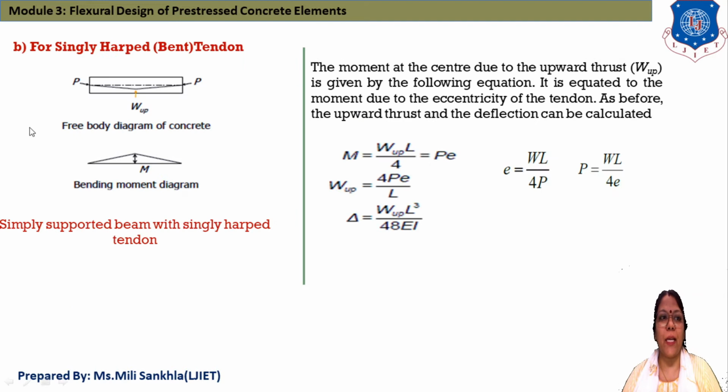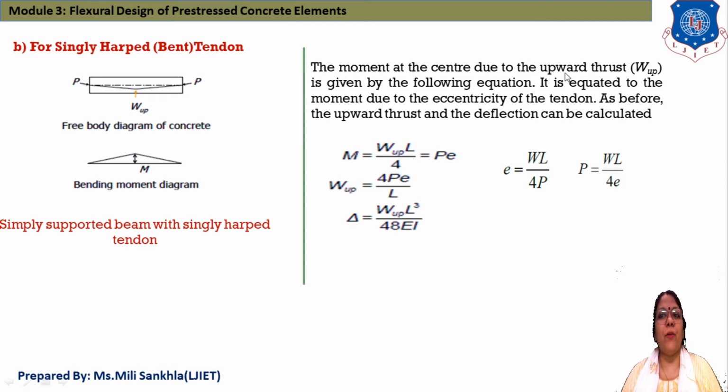Now second, for singly bent tendons. When a single bent tendon is provided, this is due to a concentrated load. Again this is the free body diagram, and this triangle is the bending moment diagram due to point load at center point.